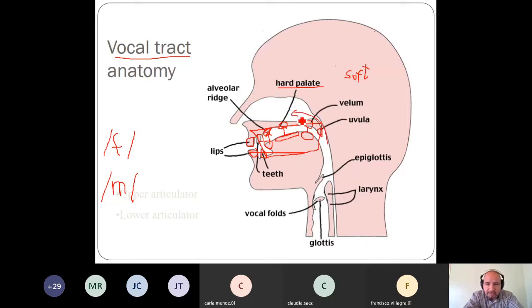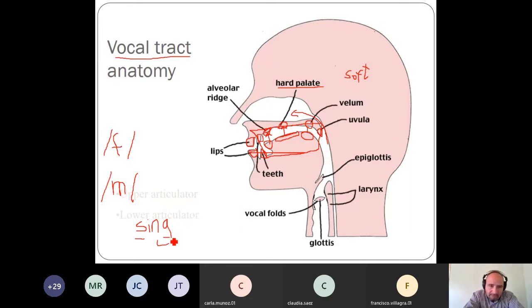It is escaping through your mouth or oral cavity.